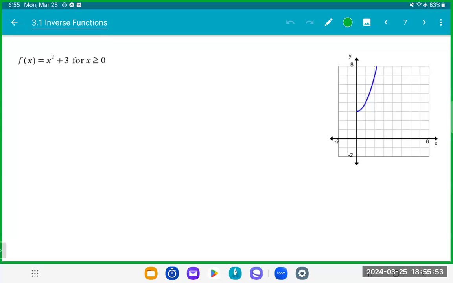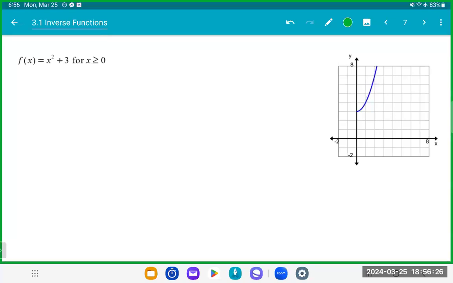All right, so here we have another inverse function, but this one, normally, because remember when we have that x squared, we're not going to be able to have an inverse, right? Because if I did x equals 2, that would equal 4, but -2 also equals 4, right?